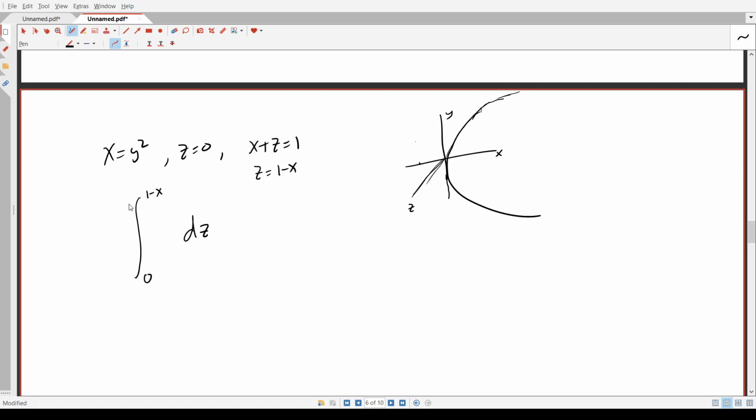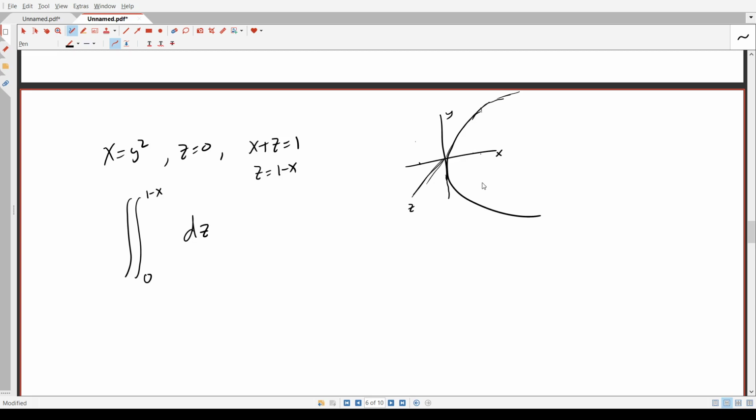So now I need to know, let's integrate this with respect to, what? x? Do we want to do with respect to x? No, I want to do that one last. So here I'm going to go with respect to y.